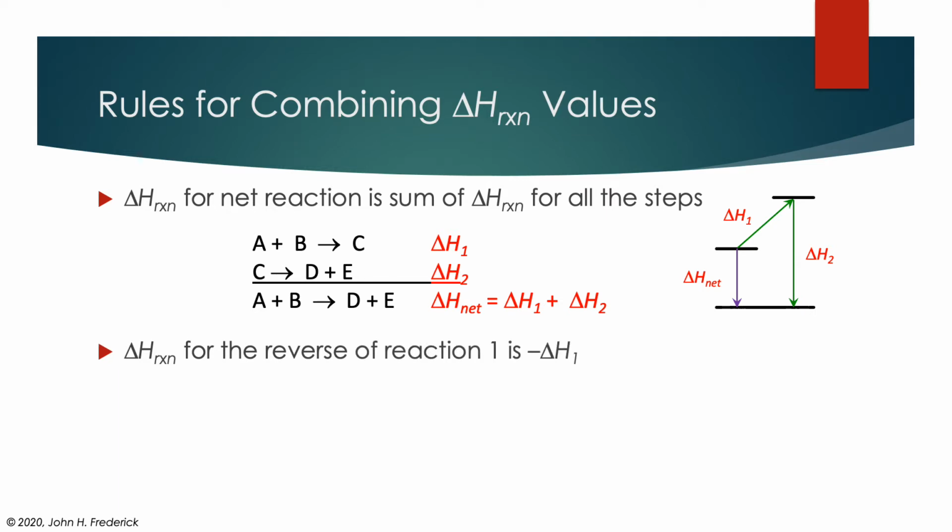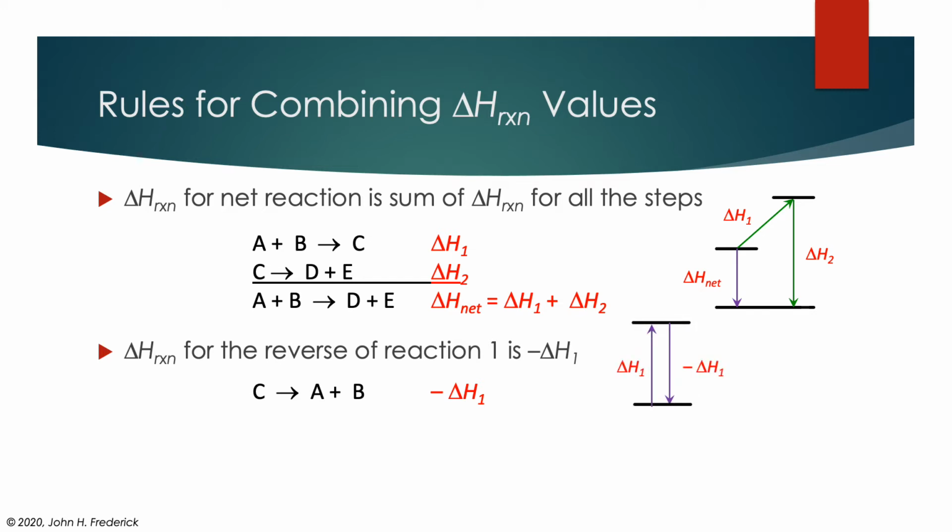Now, if we have a reaction and we reverse its direction, the enthalpy change for the reverse reaction is going to be the negative of the enthalpy change for the forward reaction. So for example, if we took the first equation in the first example, A plus B going into C, and turned it around so that C is going to A plus B, we would find that the enthalpy change for that is now going to be the negative of delta H1.